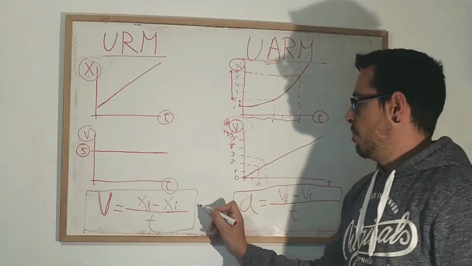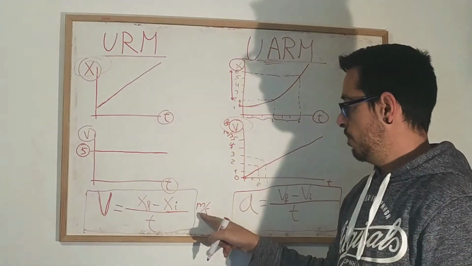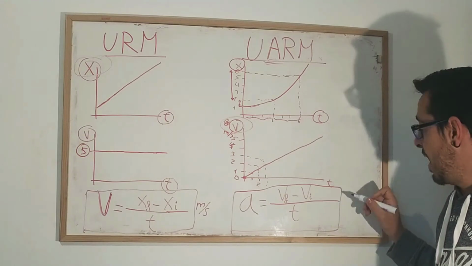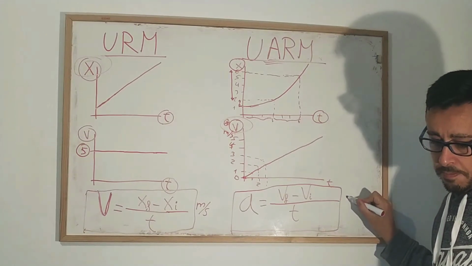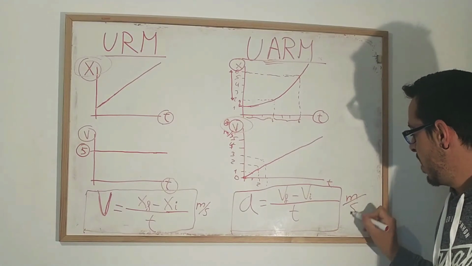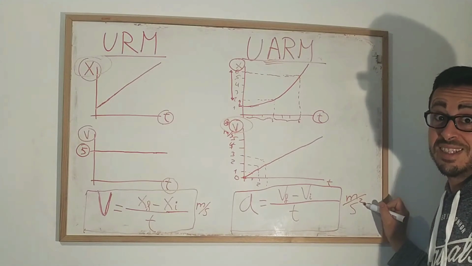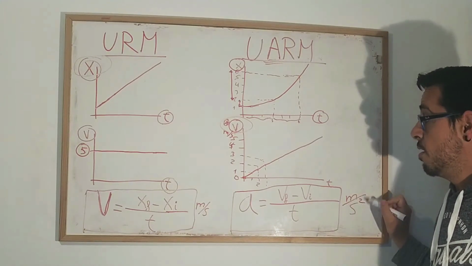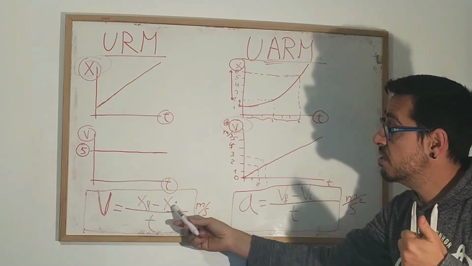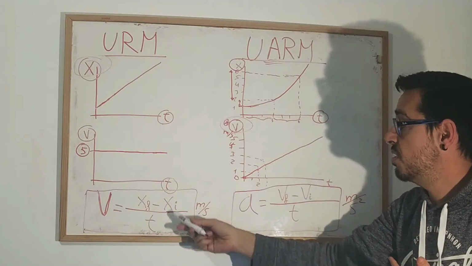Units: international system, meters per second, and in this one, units are going to be meters per square second. Take care, square seconds. Why? Because here we have the position, which is in meters, and the time that is in seconds, meters per second.